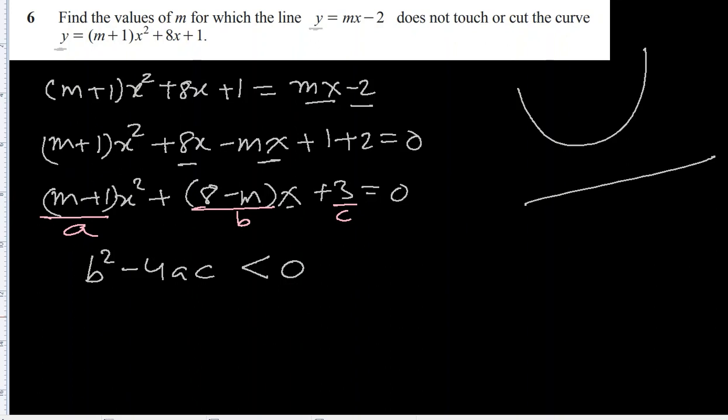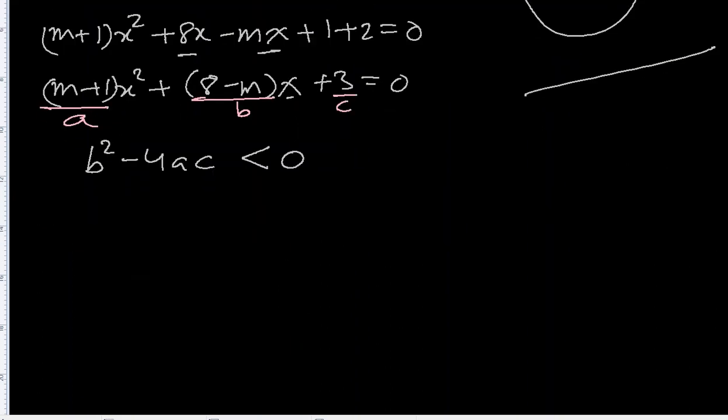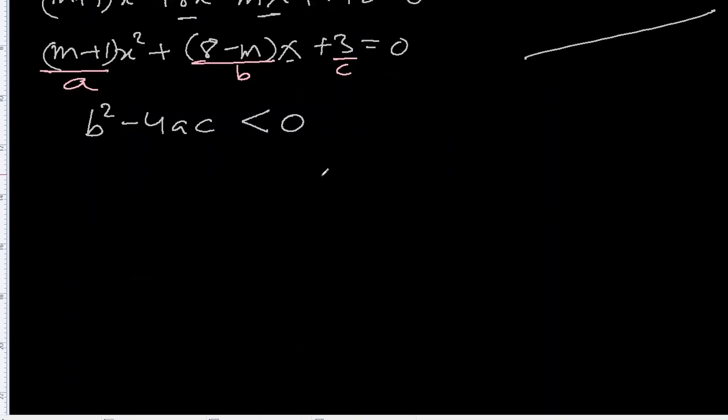So we'll substitute their values and find the values for which they will not intersect. So b square, 8 minus m square, plus, not plus, minus 4ac should be less than 0. And now we can continue.